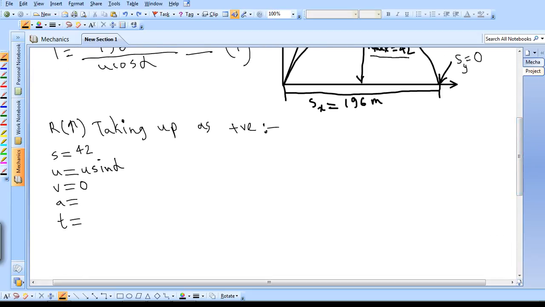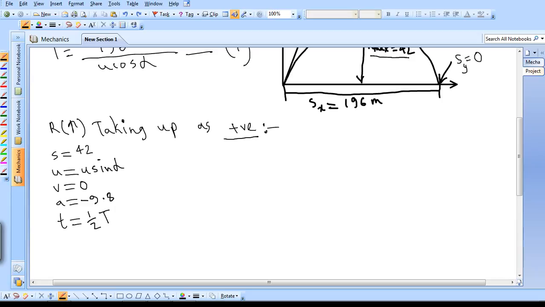Here the acceleration would be minus 9.8, and t is half t. Since we have taken up as the positive direction, the acceleration would obviously be negative since it is acting downward.